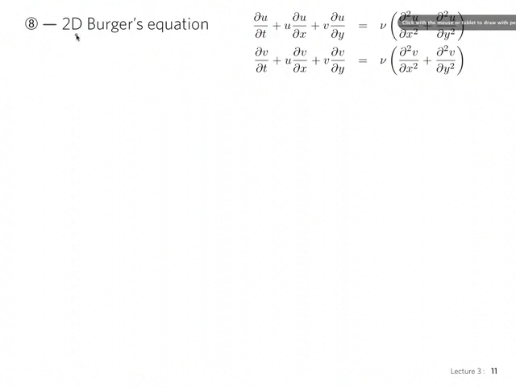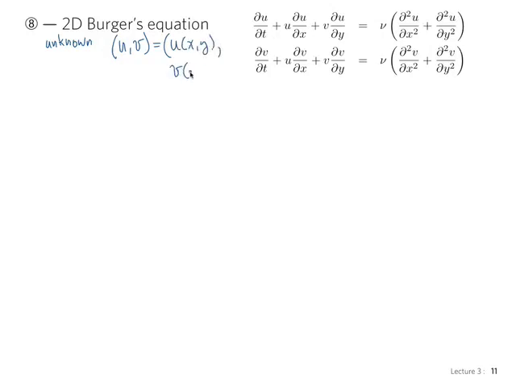V is, so now our unknown function is a vector function (u, v) of x and y. This is our unknown. We have two unknowns.